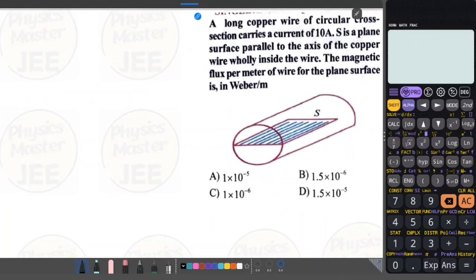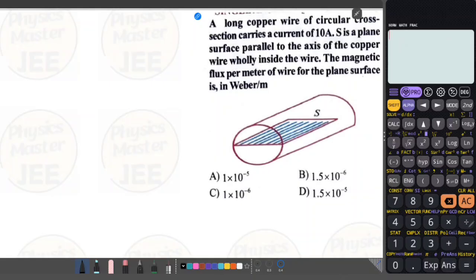This one. A long copper wire of circular cross section carries a current of 10 ampere. S is a plane surface parallel to the axis of the copper wire, wholly inside the wire. The magnetic flux per meter of wire for the plane surface is shown in the figure, in Weber per meter.